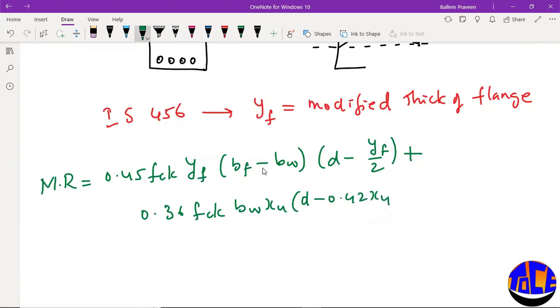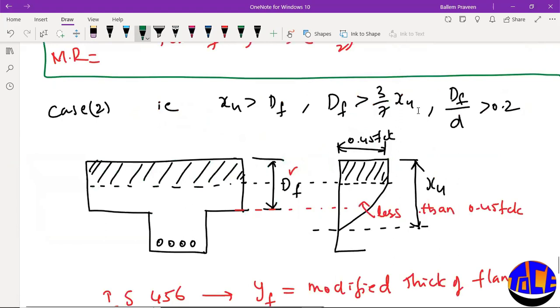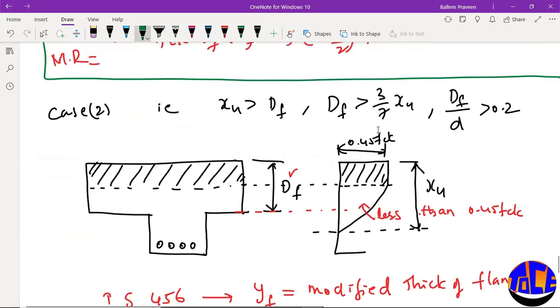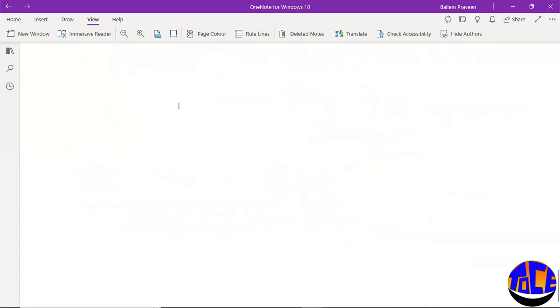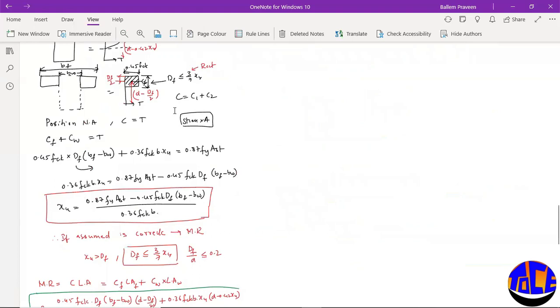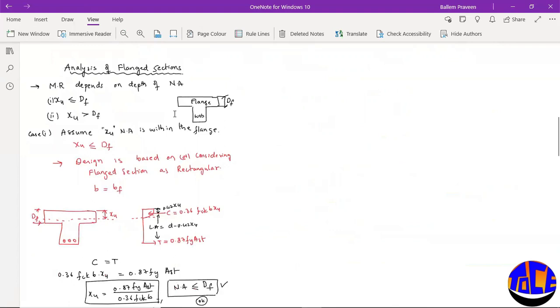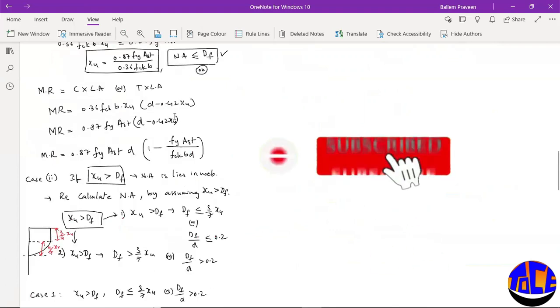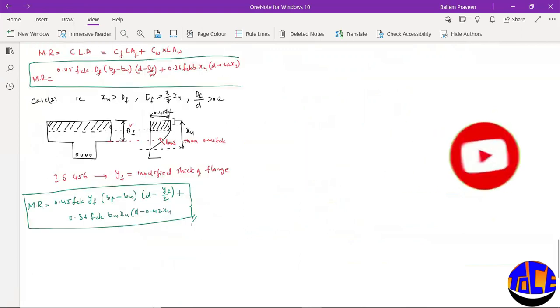You can use this formula to find the moment of resistance in case 2. I hope you have understood. Once again, you can have a look. Thank you all.